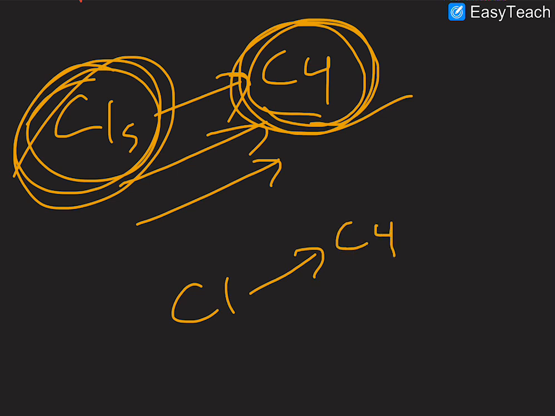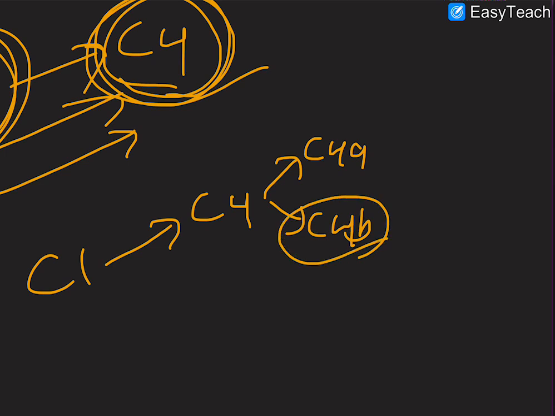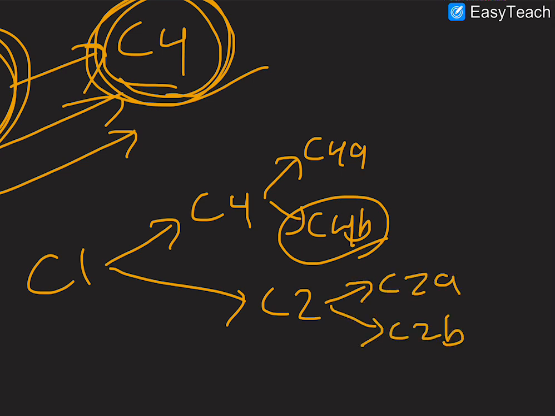Remember, C1 eventually activates C4 and breaks it apart into what? C4a and C4b, and then we know C4b binds on the pathogen surface. C1 also activates C2, breaking it apart into C2a and C2b. And we know that C2a binds onto C4b too, making C4b2a, which is C3 convertase, and so on.